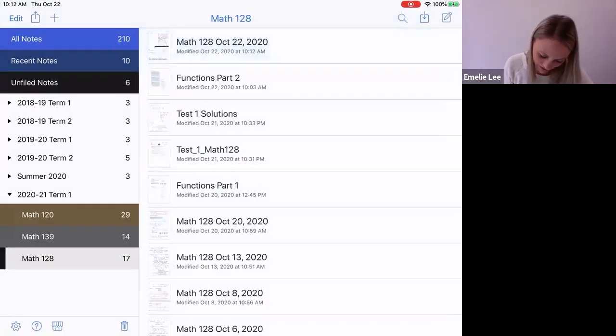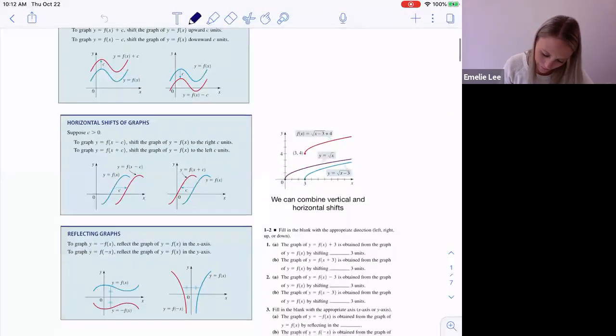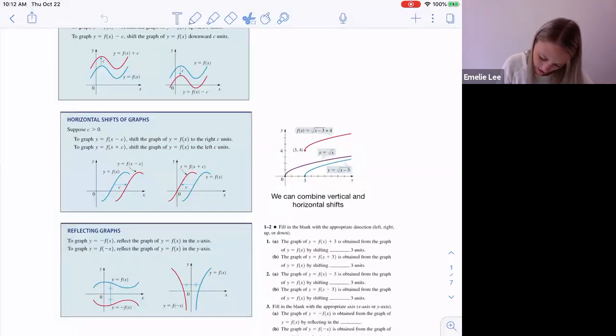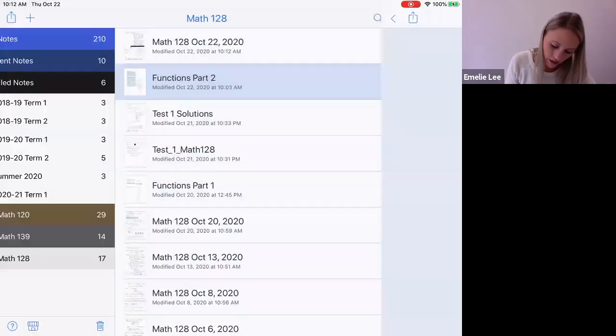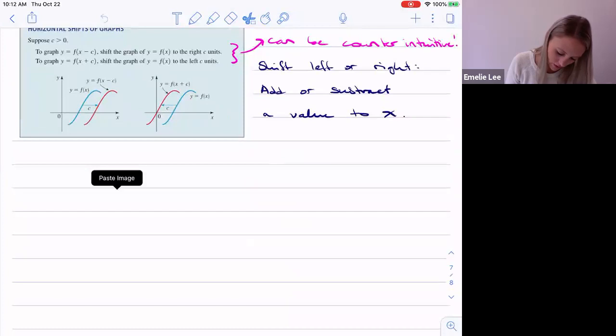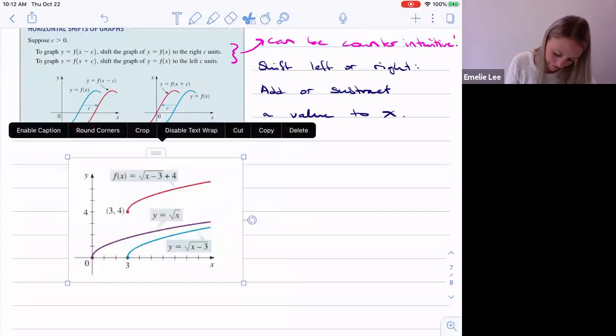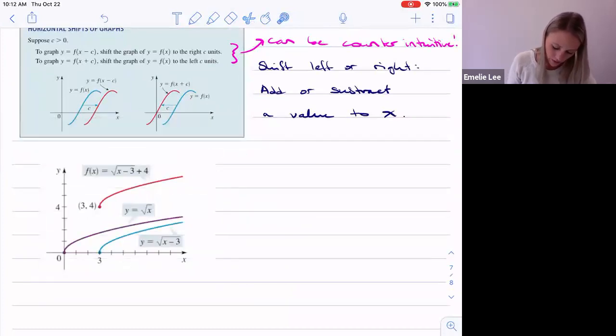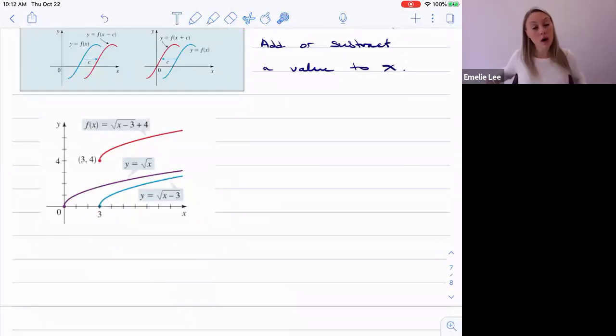Let's do a little example here. Let's look at this one. What we often do is we start with some base graph. So if we start with y equals the root of x, it looks like this.